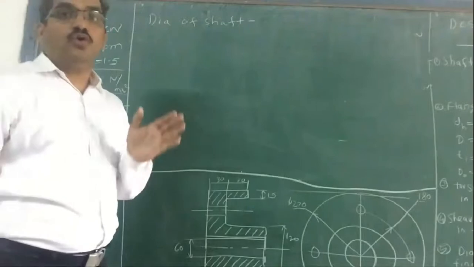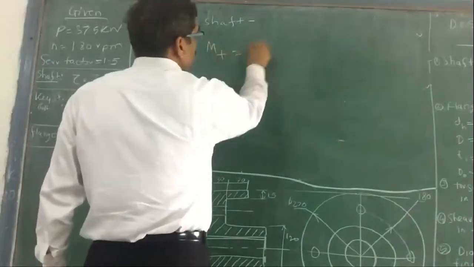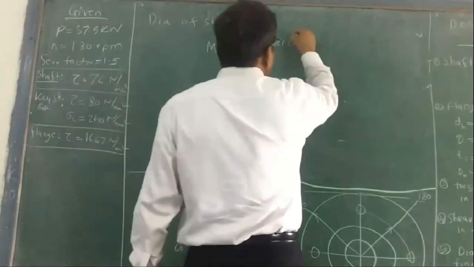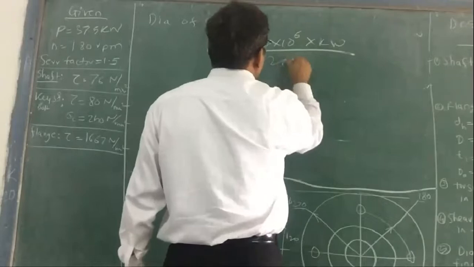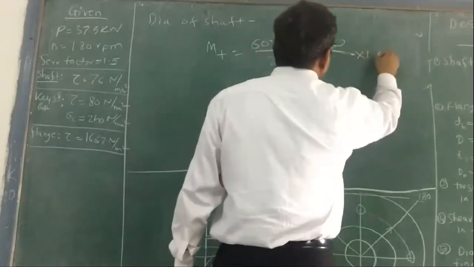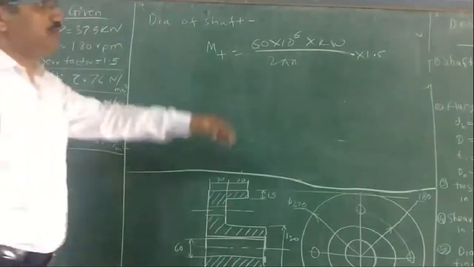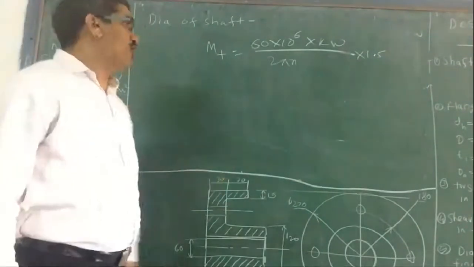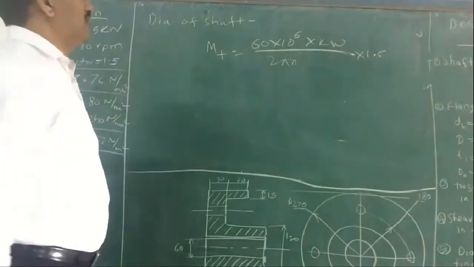For that we need to know mt, that is torque, and the torque formula is mt equal to 60 into 10 to the 6 into power in kilowatt divided by 2 pi n, and this will be multiplied by 1.5 because we have been given that the design torque has to be 150% of the rated torque, right?